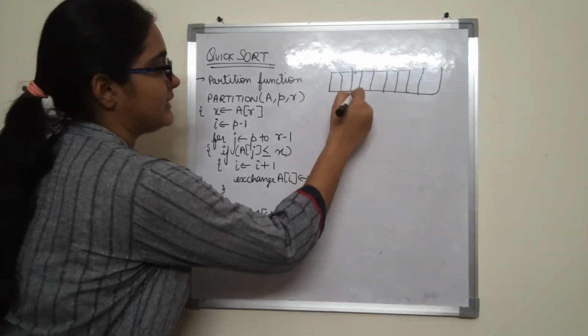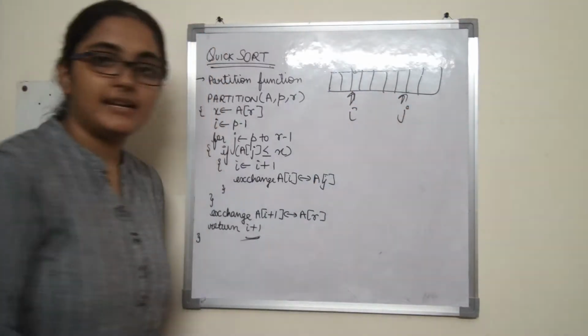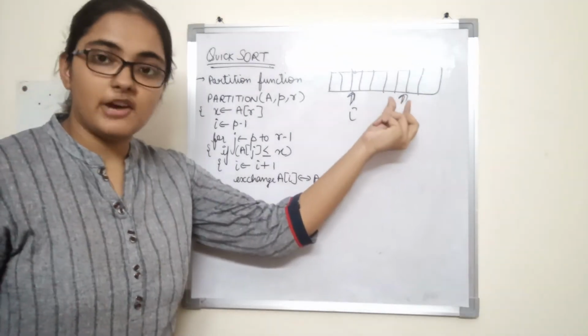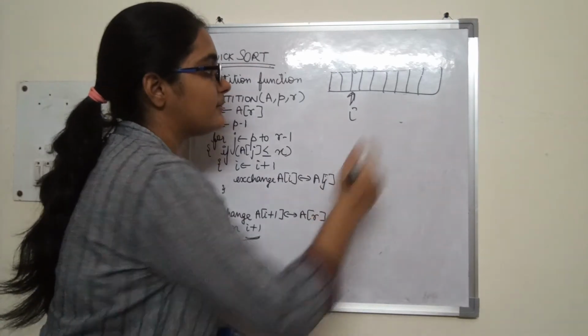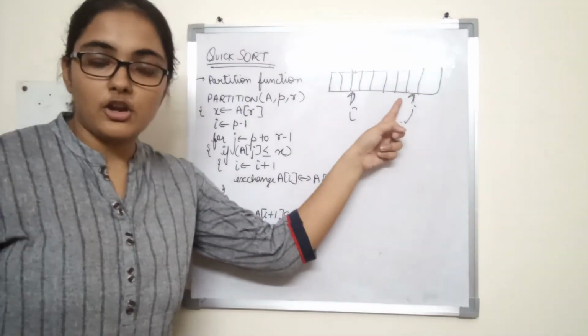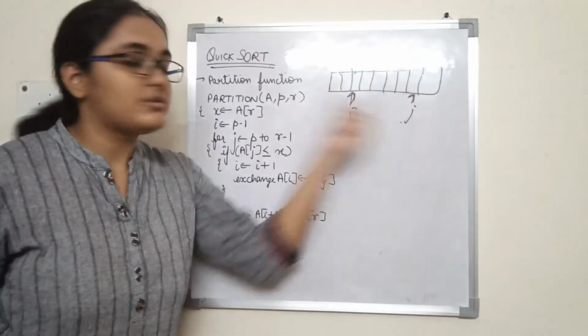Let us say this is i, alright, and this is j. Let us say it discovers that A of j is greater than x. So it simply moves forward, because from i plus 1 to j minus 1, all of it should be greater than x. So this is greater than x, so done. So it just moves forward.